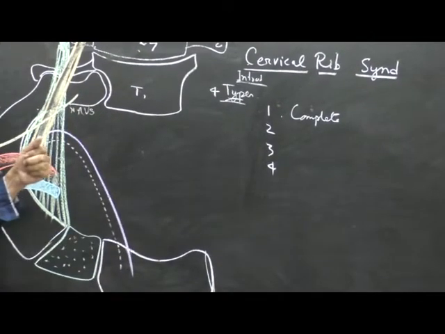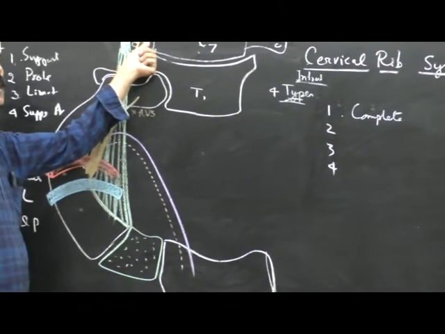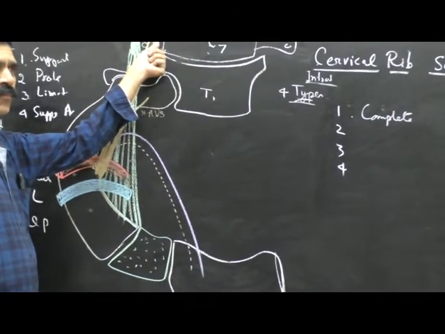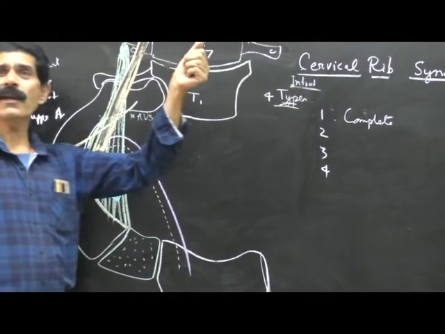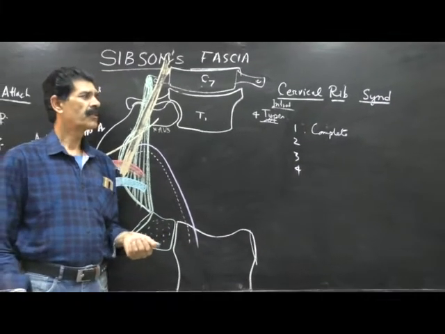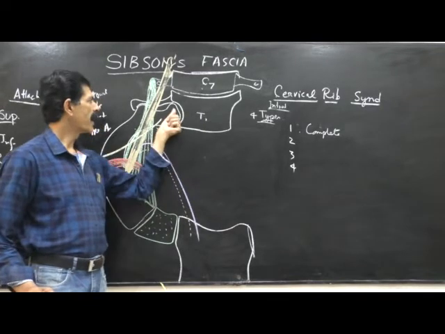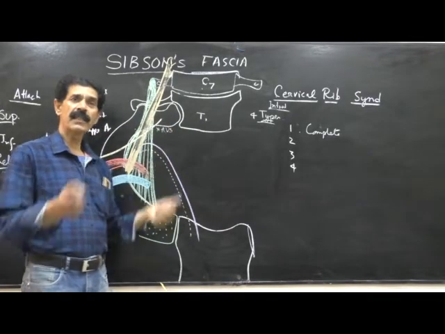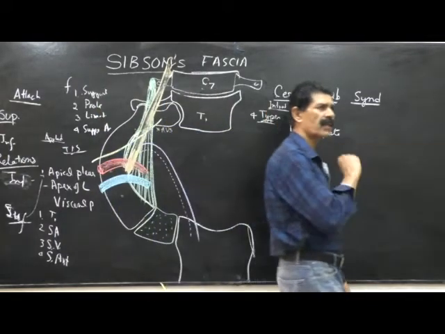And what is the attachment? It starts from the C7 vertebra. The posterior end of all 12 pairs of the thoracic ribs we have seen, they all have the same features: head, neck and tubercle. Same here. The cervical rib also has a head, neck and tubercle.